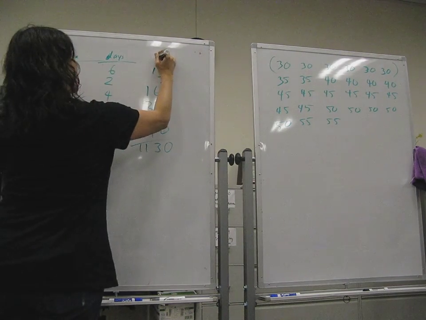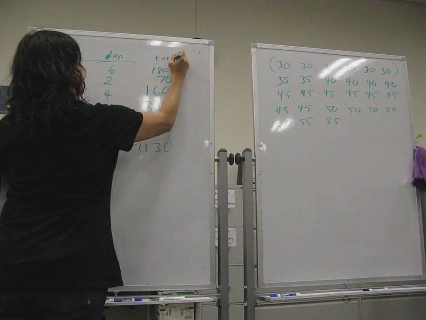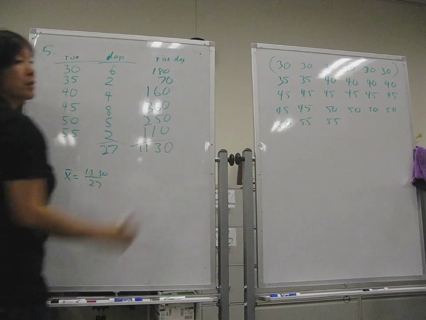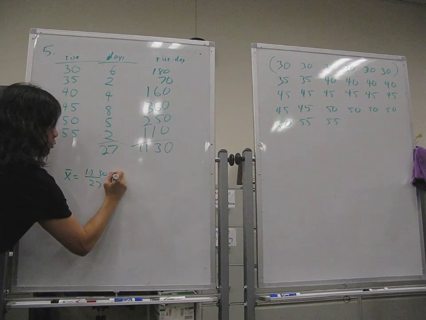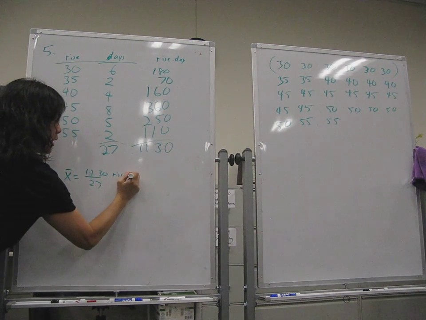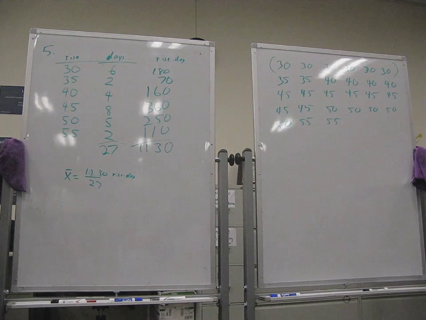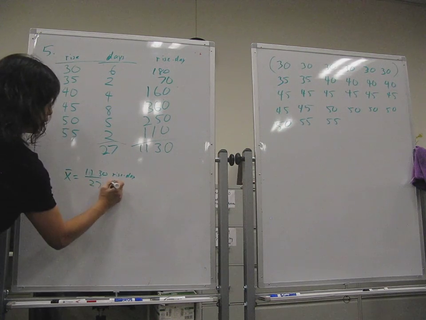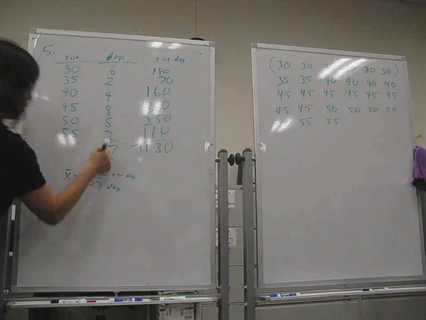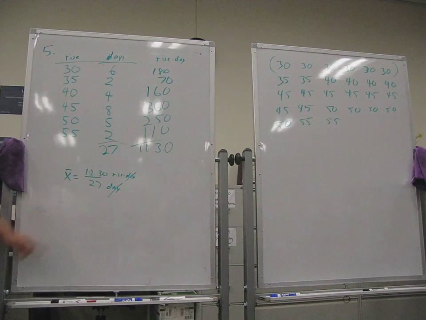So this would be rise times day. You guys kind of follow what I'm saying? So this is really 1130 rise times day. And do I want the average rise or the average number of days? I want the average rise. So I'm going to divide by the number of days so that these cancel out, and I'm just left with rise.